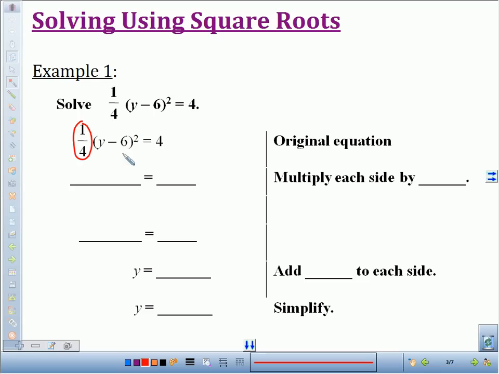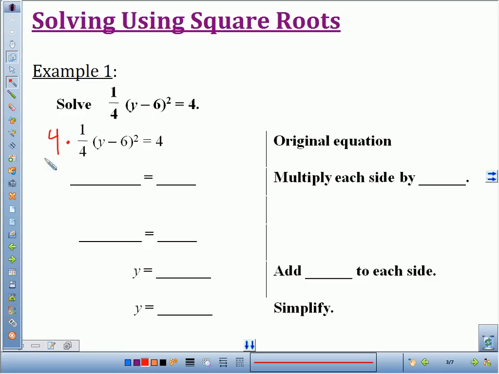Because in order to take the square root, the term being squared, or the expression being squared, has to be the only thing on its side of the equation. This 1/4 is in the way. I can't take the square root until I get rid of the 1/4. Now, to get rid of the 1/4, I multiply it by 4, because 4 times 1/4 cancels out.